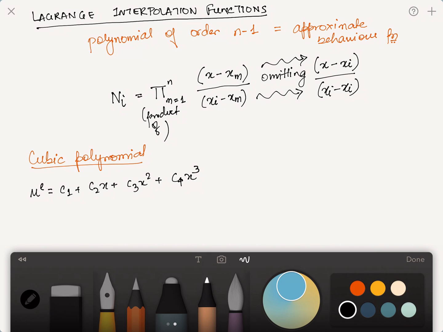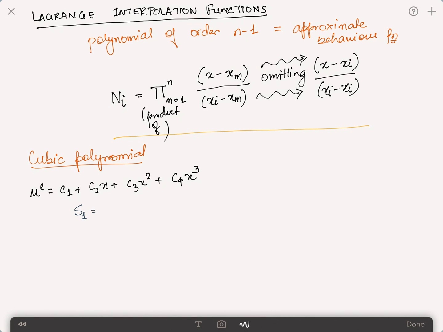And if we want to use the definition of the shape function by means of Lagrange interpolation functions, then I can write N1 to be equal to the product of x minus xm excluding x minus xi as given over here.